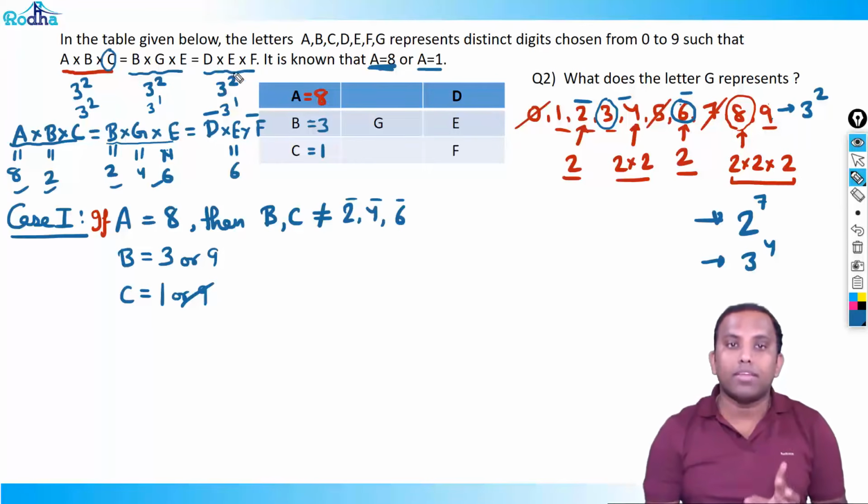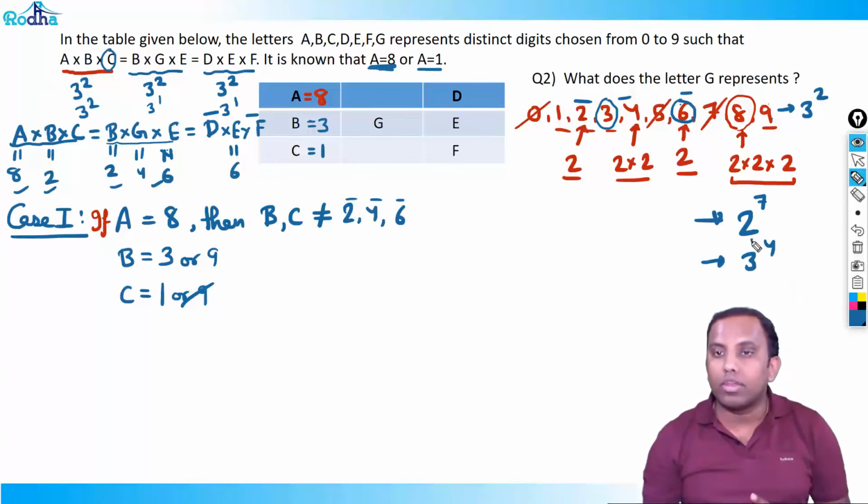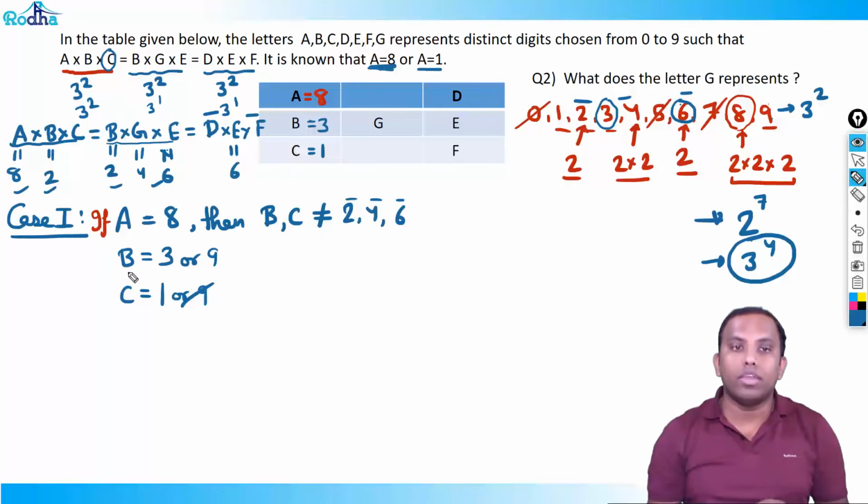In the first term also one 3 will be there. But there are 4 threes we have.